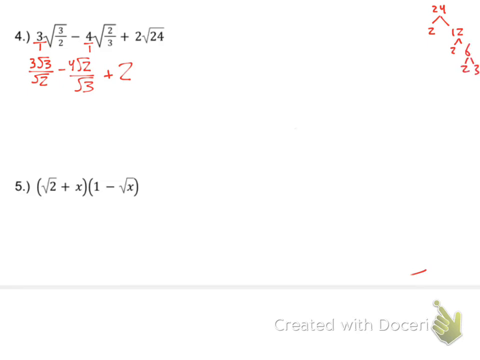It doesn't matter, guys, how you make your tree, as long as you know where all your factors are. Even if I do 6 and 4, I will eventually have 2, 2, 2, 3. Do you guys agree with that? Yes. The factors of 2, 2, 2, 3 are going to be there no matter what.